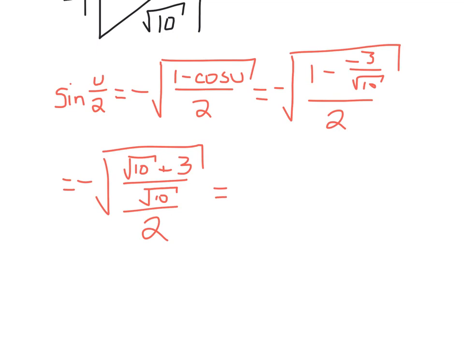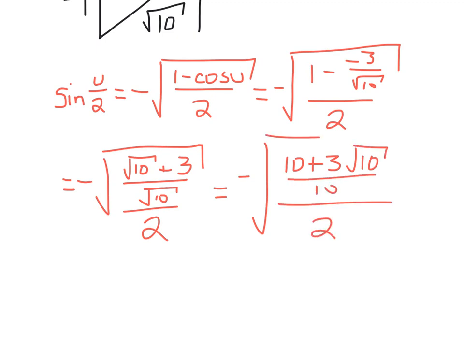And then I'm going to rationalize the numerator, by multiplying by the square root of 10, so then we get 10 plus 3 square root of 10 over 10, and that's still over 2. Doing the keep change flip for you and get 10 plus 3 radical 10 all over 20.